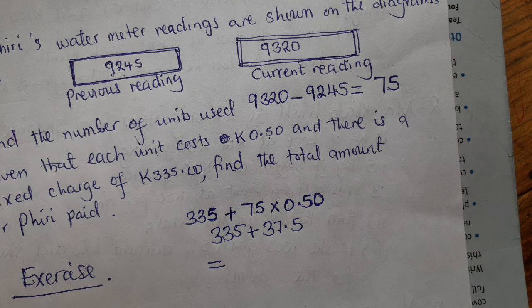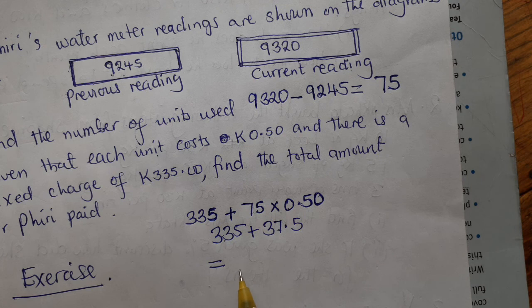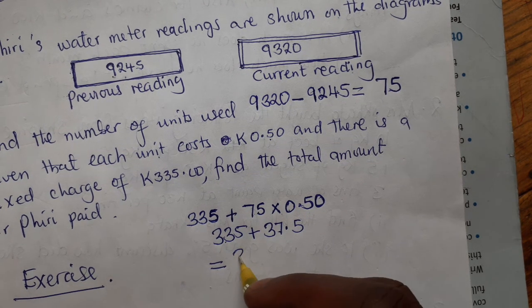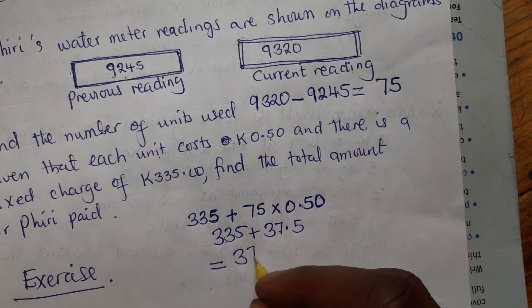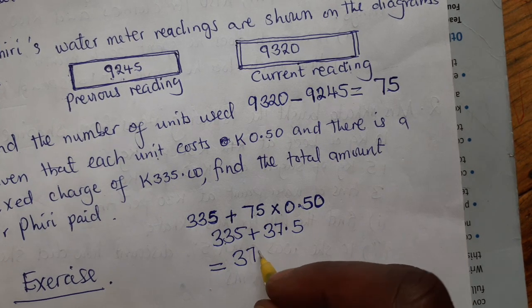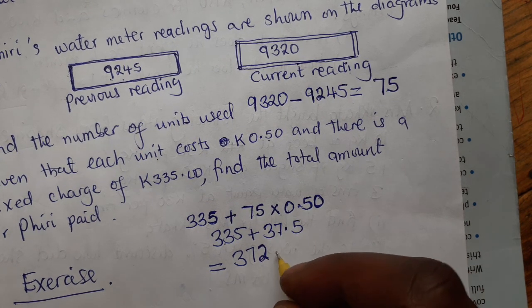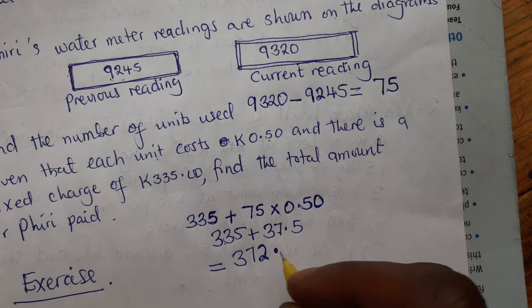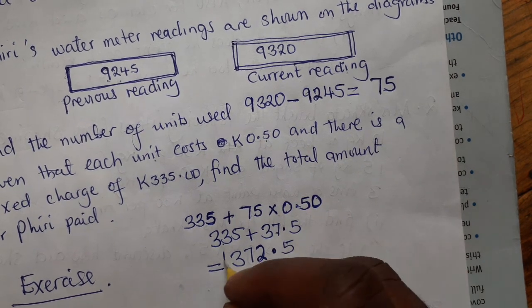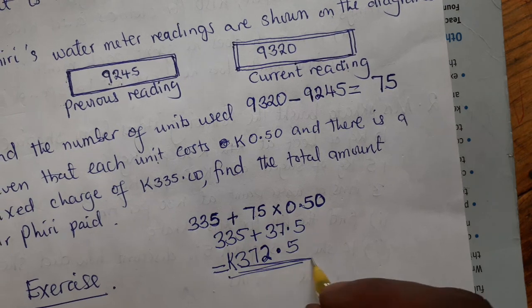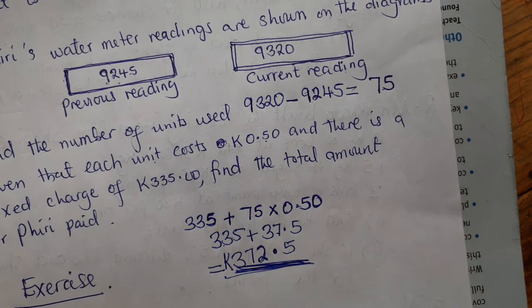That is very simple. Plus 335, what are we getting? We are supposed to get 372.5.